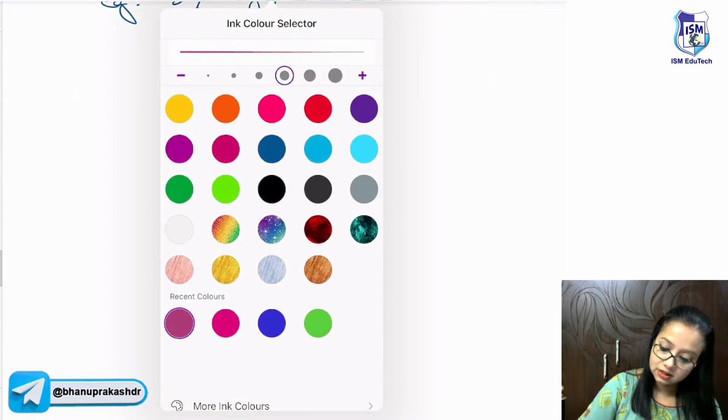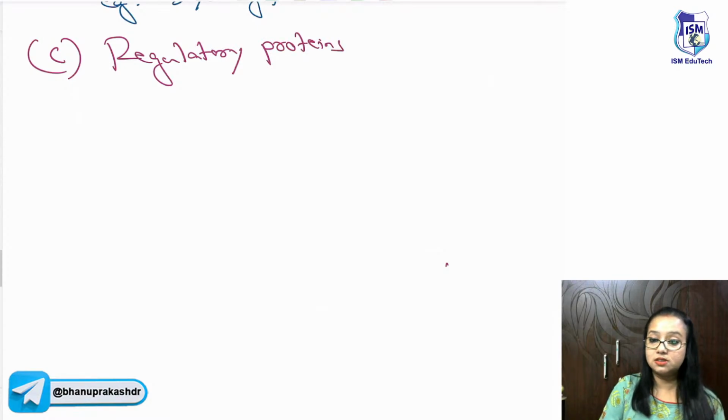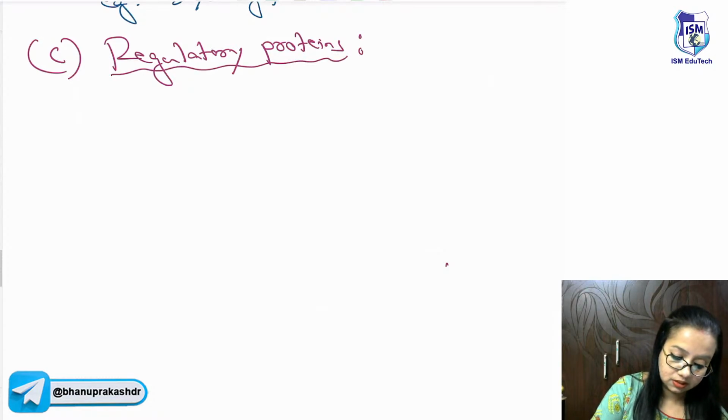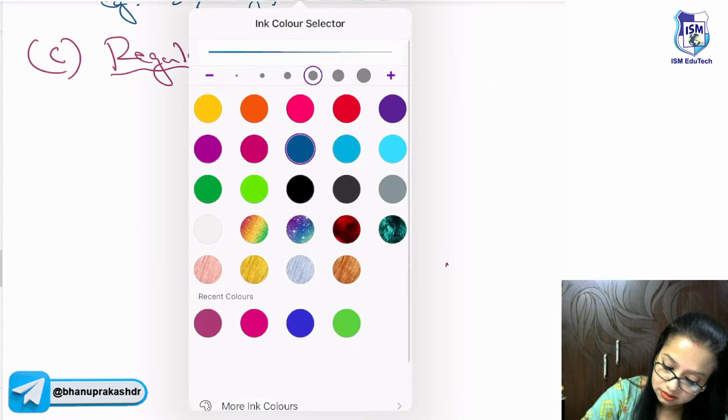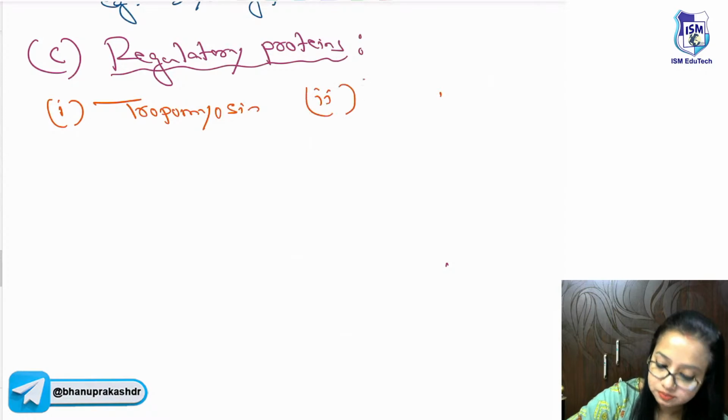Third, we come to the regulatory proteins. Now, what are the regulatory proteins? The regulatory proteins are tropomyosin and troponin.